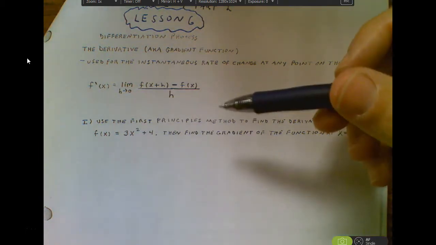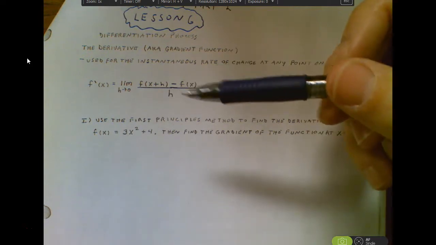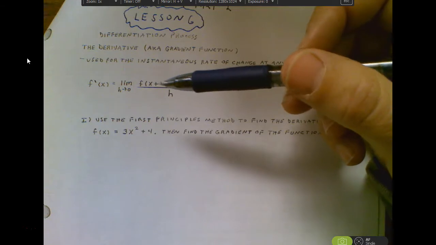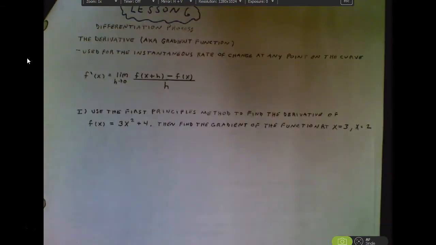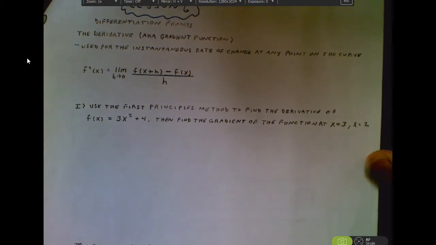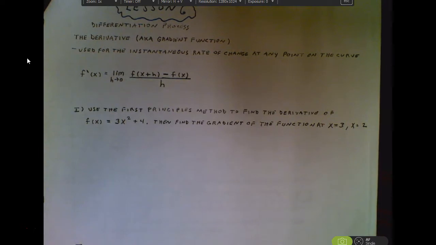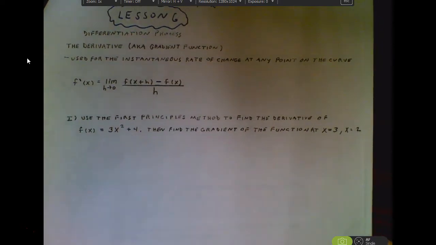So for this guy today, instead of using a specific number and then that specific number plus h, we're just going to keep it general, and we're going to keep it as just x. And so that way when I'm done with all this, I can plug in any value for x into my result instead of having to start over with a new process.